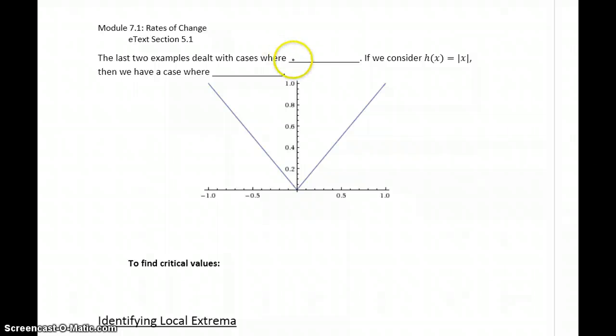Those last two examples both dealt with cases where the first derivative was equal to 0. But if we consider the function absolute value of x, then we can look at a case where the derivative of our function does not exist and see how that's also still a critical value.